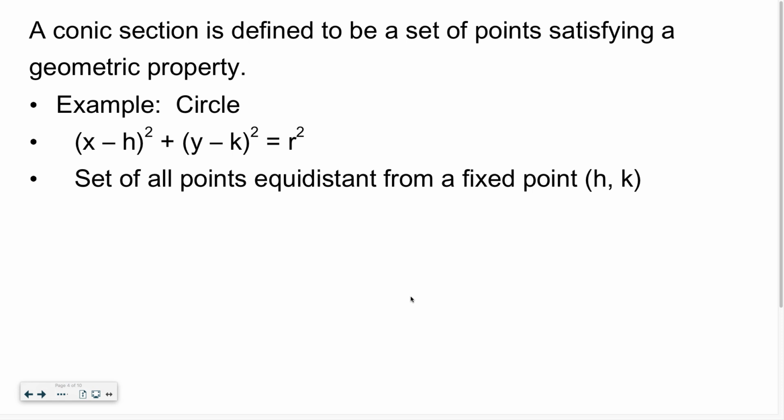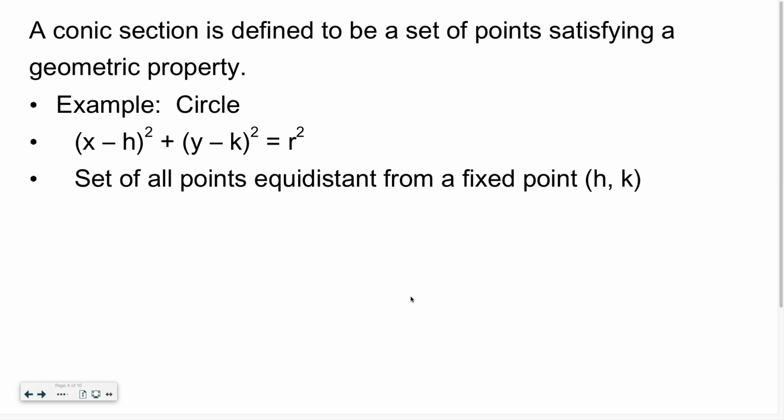You may remember from geometry and algebra 2, x minus h squared plus y minus k squared equals r squared, where r is the radius and (h, k) is our center. Get used to those letters h and k. They're going to be involved in every single conic that we have.